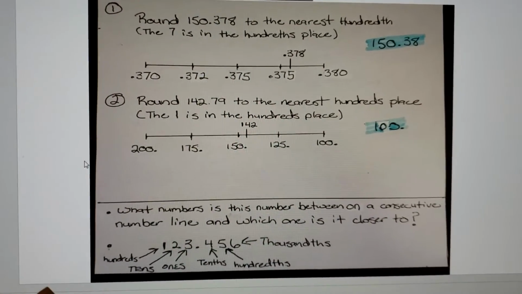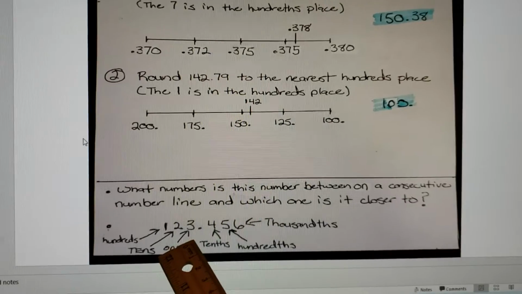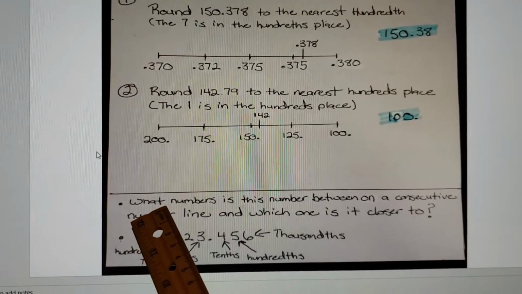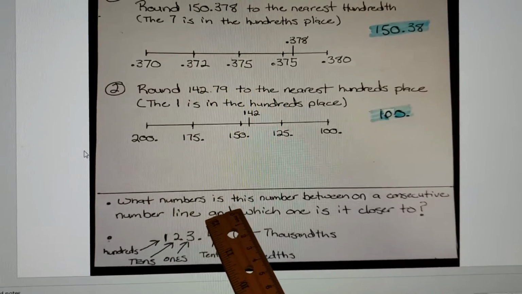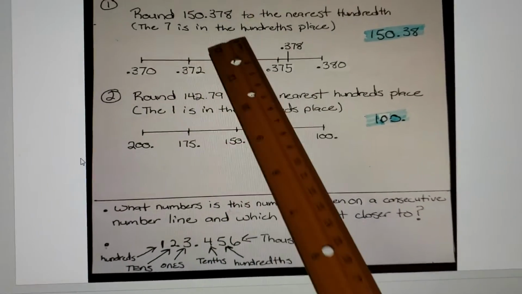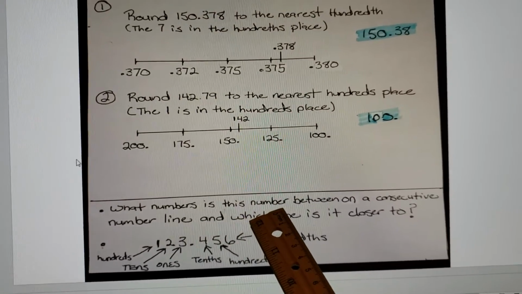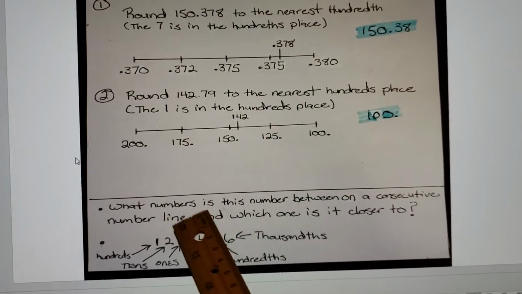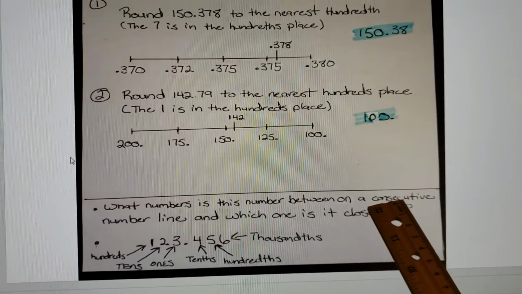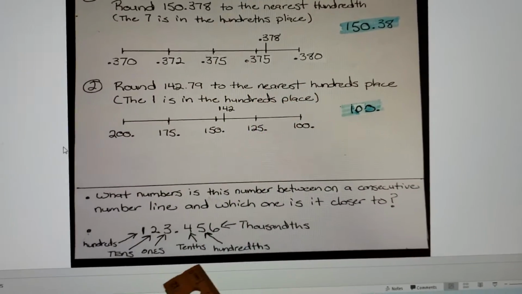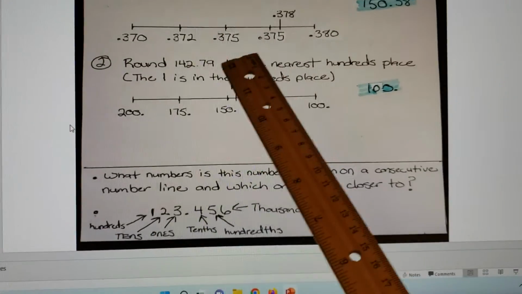So basically what you want to do is figure out what numbers the numbers you're rounding are between on a consecutive number line, and which one it is closer to.